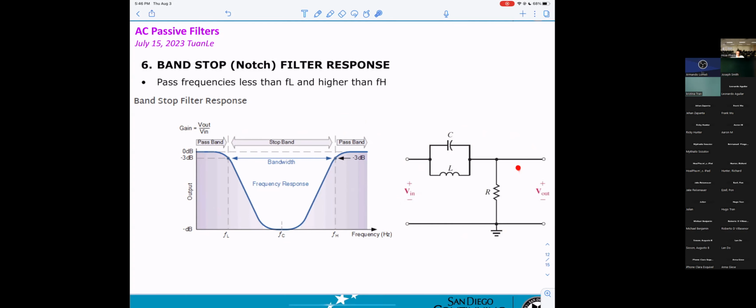They just want to know that when you're looking at the output, you can tell whether it is the output of a band pass filter, band stop filter, low pass filter, or high pass filter.